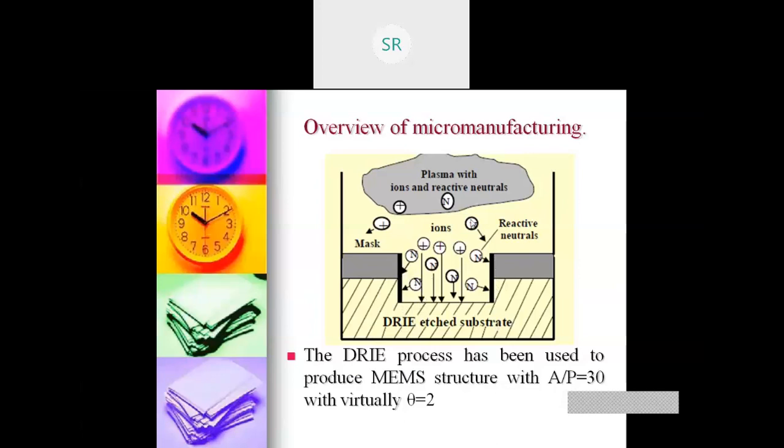The process is otherwise similar to plasma etching. The reactive neutrals bombard the sidewall and the normal surface, and the positive charged ions bombard the normal surface. Again, because of the high energy of the charged ions, local evaporation happens and the surface layer is removed. With an angle theta equal to 2 degrees, I can do the deep reactive ion etch.